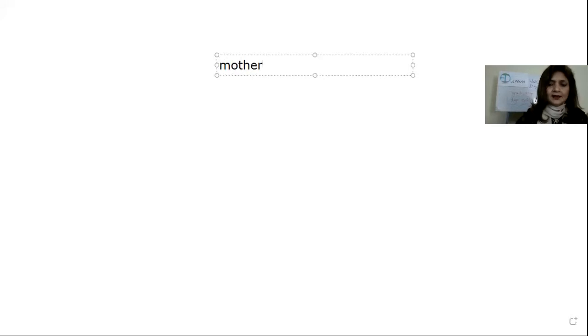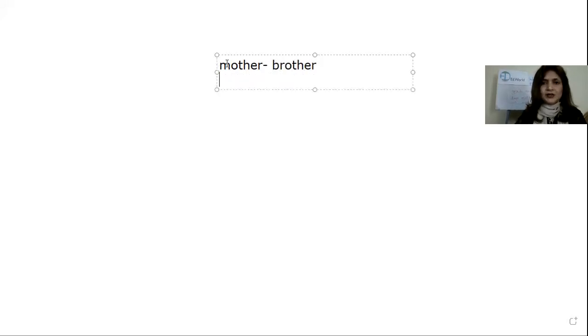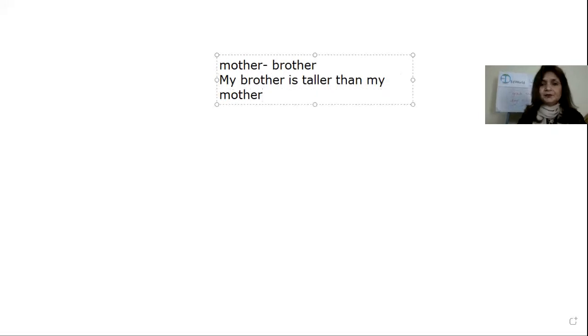Mother and brother. Okay. Now, what sentence can you make with these words? My brother is taller than my mother. See, both the words are used. I have used both these rhyming words in one sentence.